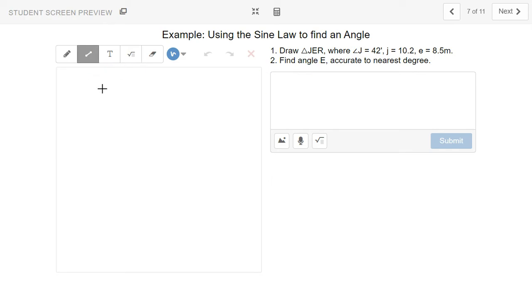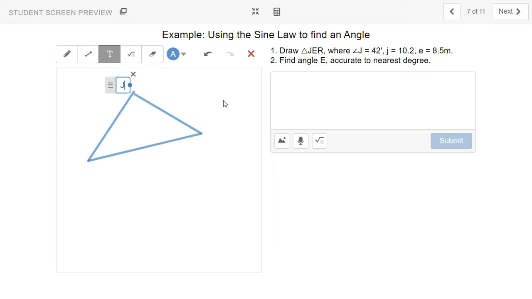Let's draw the triangle JER. So we have J 42 degrees. Little j is equal to 10.2. We have angle E and little e across the way at 8.5 meters.